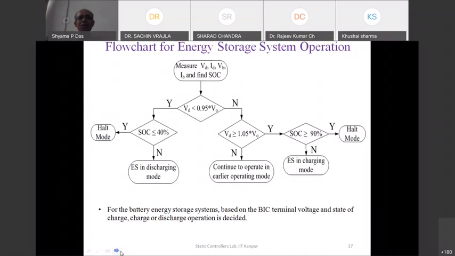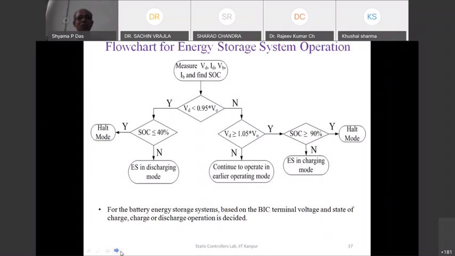If the microgrid voltage is less than 90% of the rating, meaning 120 times 0.95, if it is true, and if the SOC is higher than 40%, then the battery goes into discharging mode. The battery supplies the microgrid because it has a lot of charge available.